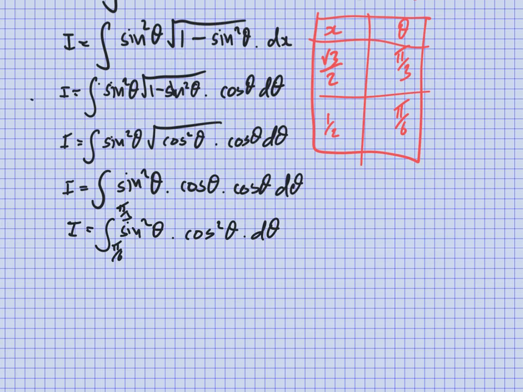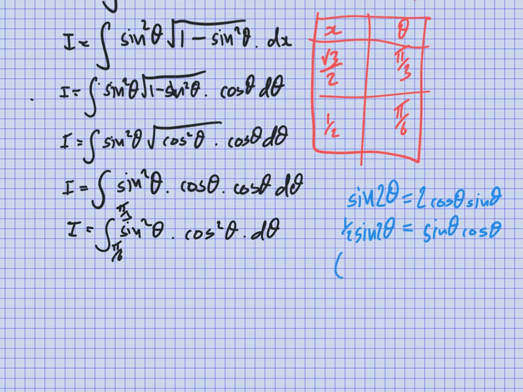The next phase of this is to change from sine squared and cos squared, things that we can't integrate directly, into something that we can integrate directly. I'm going to use the double angle theorem here. Sine 2 theta is 2 cos theta sine theta, so half sine 2 theta is sine theta cos theta. Just makes more sense writing it that way around.